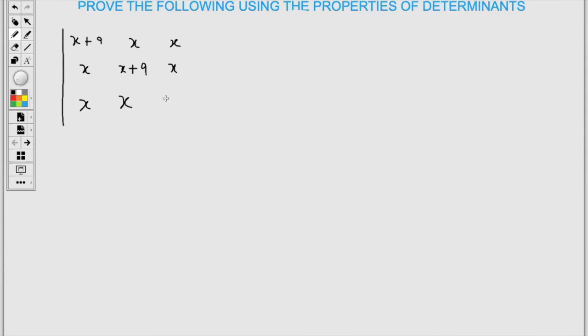The next activity we have, we're going to prove that the determinant of this is equal to 243 times the bracket x plus 3.